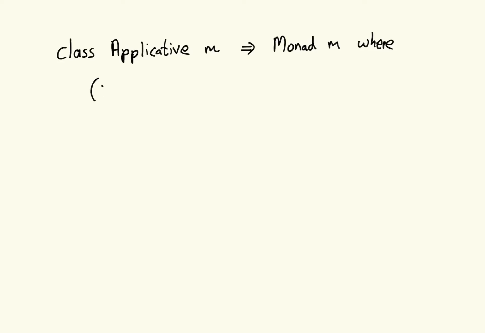So what we must have is the infix bind operator, and it has exactly the same type as we had for the maybe type, except we're generalizing now, and we take an m of an a, and then if that gives back a result value a, we're going to feed that into a function a to m b, and then finally we're going to get back m b. So this is the general type of the bind operator.